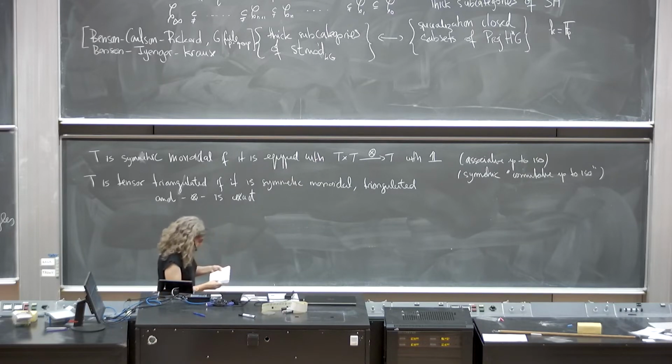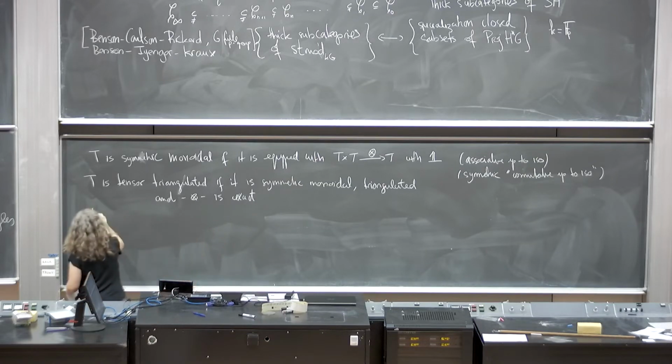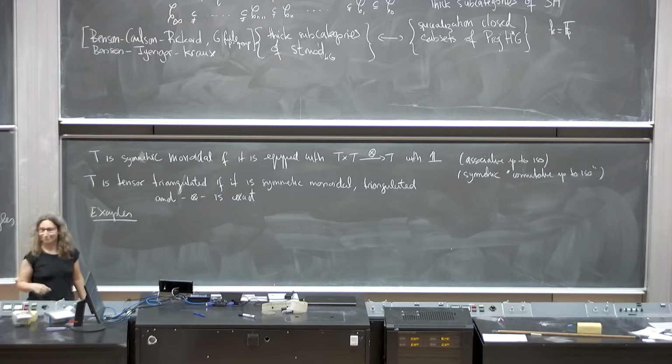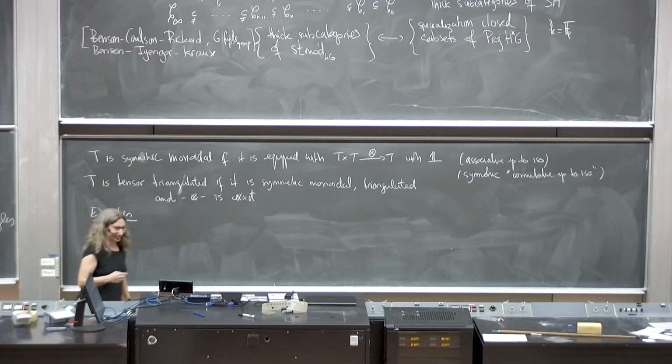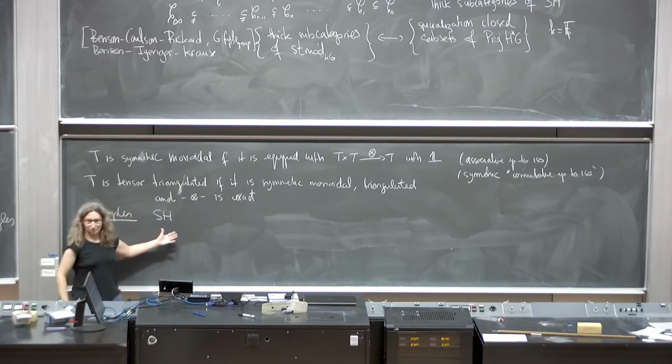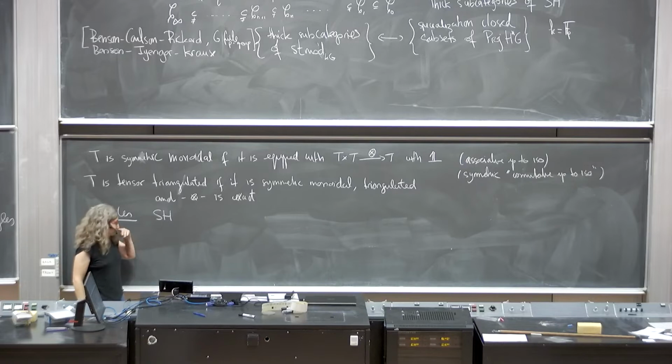Okay, so examples. Well, just the two examples I described to you before, I mean, in the last talk yesterday. I'm going to use this notation today instead of spectrum, maybe it's more standard now: SH for the category of spectra.